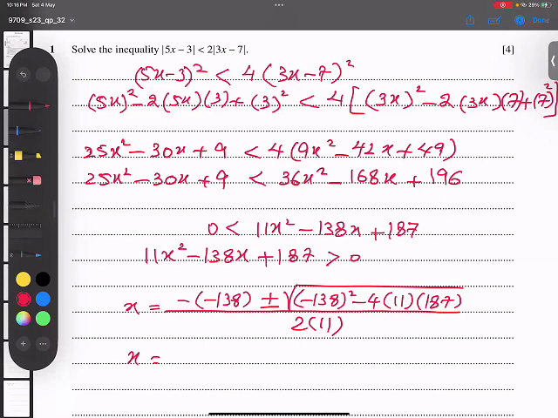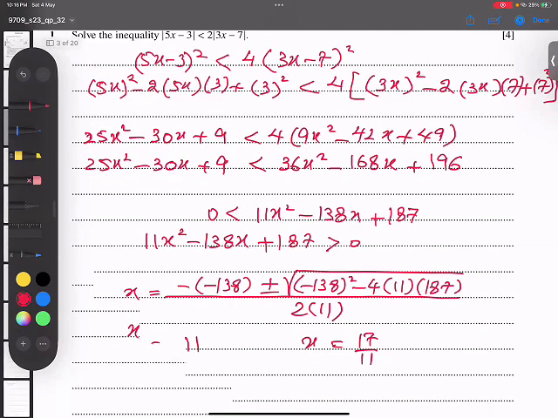This much working is enough. After this, you just plug in and get the answer. For example, I'm getting two answers, 11 and 17 over 11. So no problem at all.